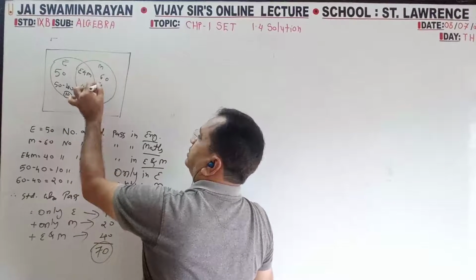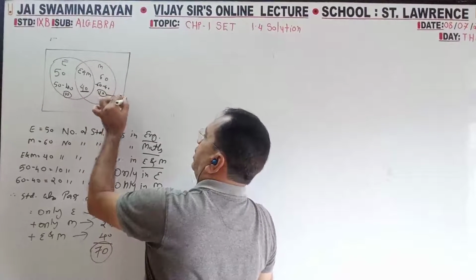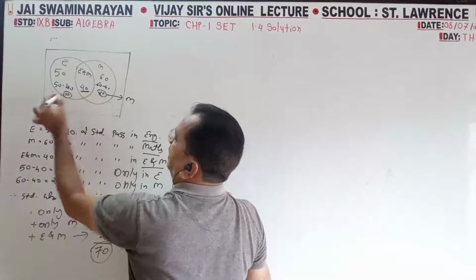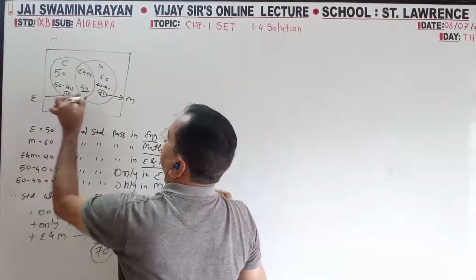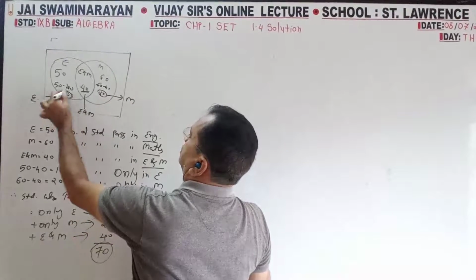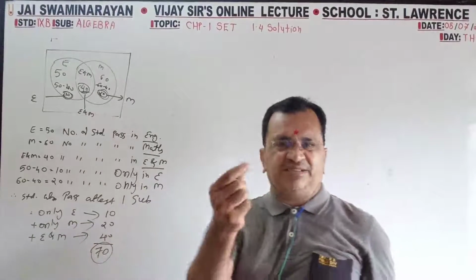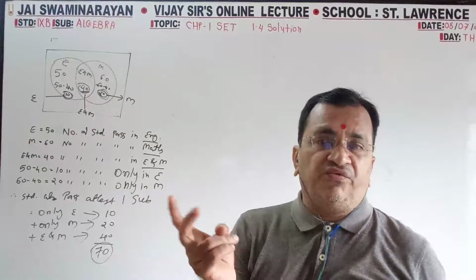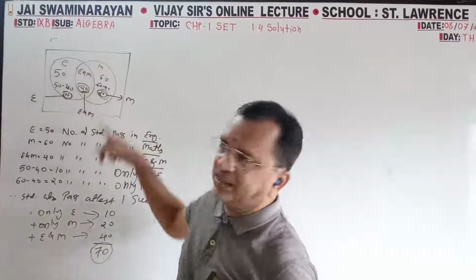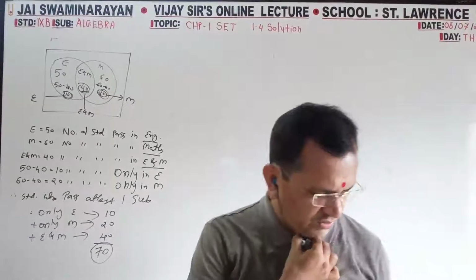So 60 minus 40, 20 only maths, 10 only English, 40 both. So this plus this is equal to 70 who pass at least in one, because there are no students who fail in both. So this empty part we are not taking. Follow?